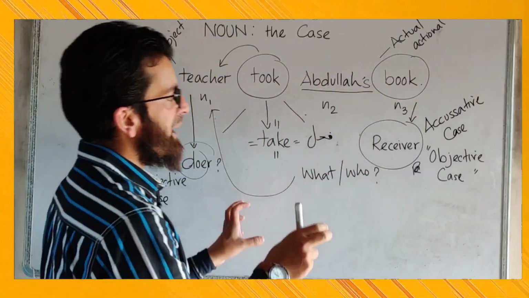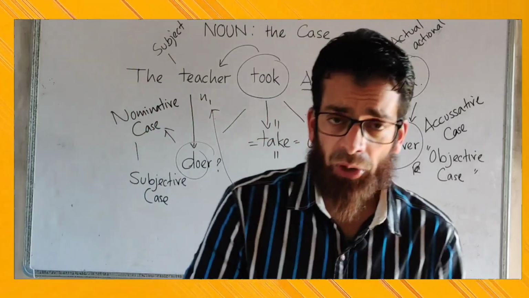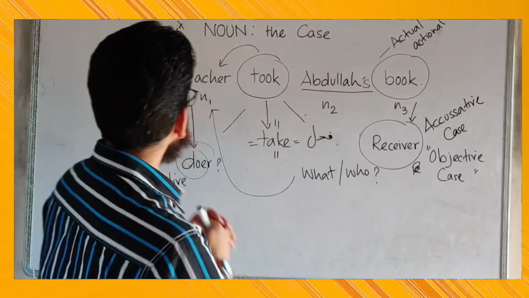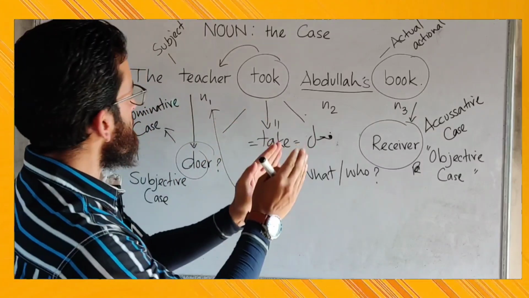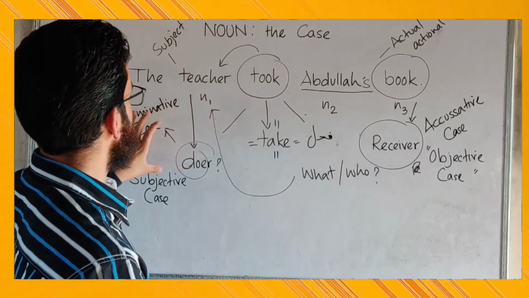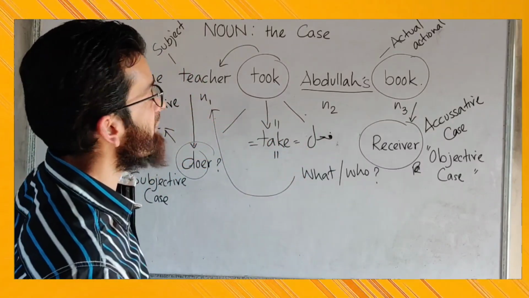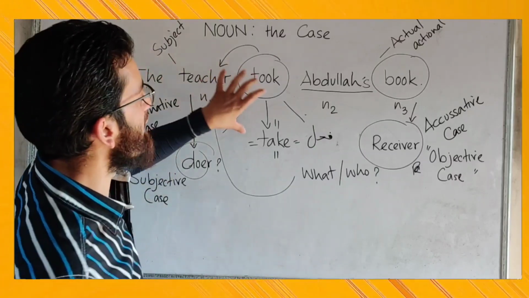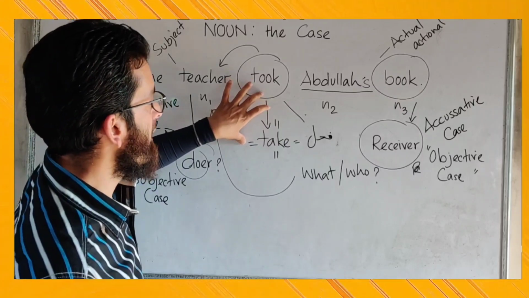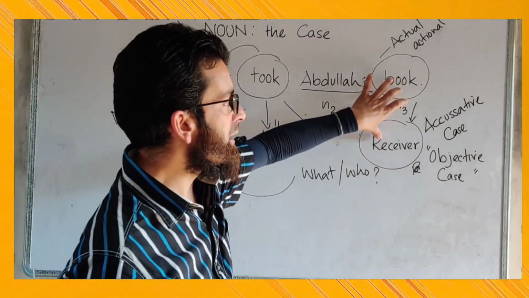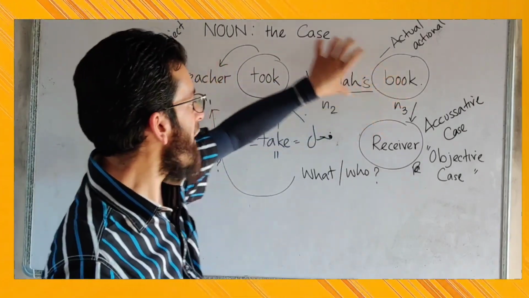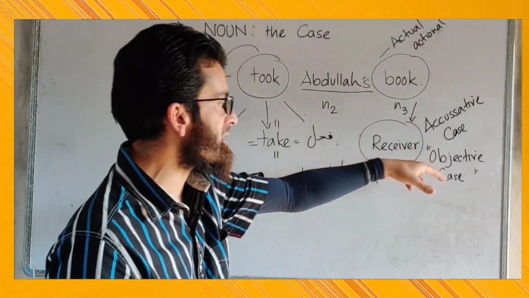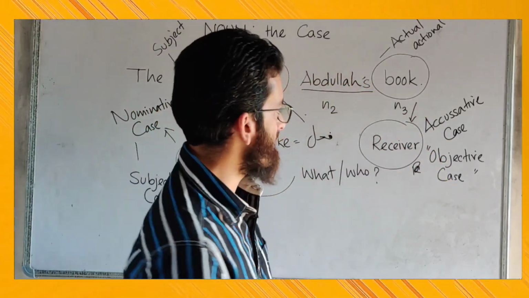तो यहाँ तक ये बात हो गई। I hope that it might be clear that the teacher took Abdullah's book. इसमें जो noun first है, it is in nominative case because it functions as the subject of the verb took, and the book comes as the object of the verb, hence it is said to be in the accusative case or in objective case.